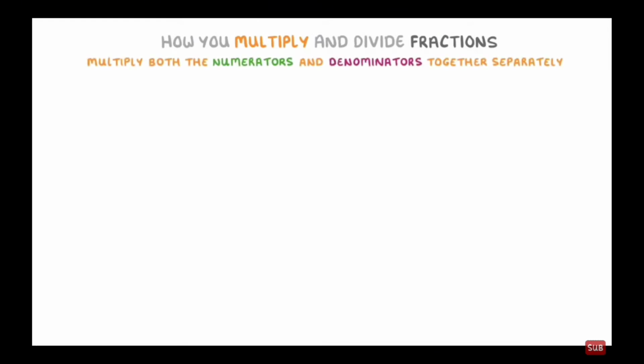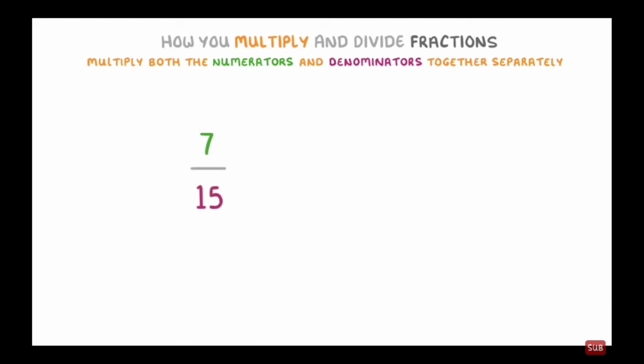In this video, we're going to look at how you multiply and divide fractions. Now, multiplying fractions is actually fairly easy, because all you have to do is multiply both the numerators and denominators together separately.